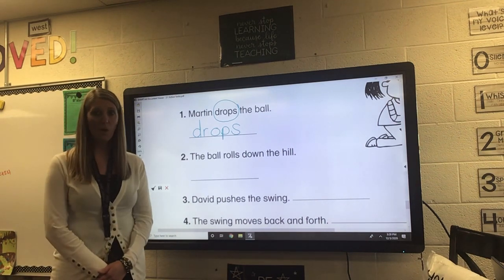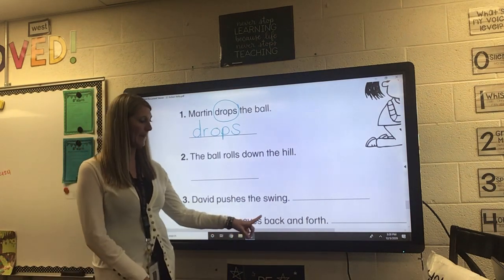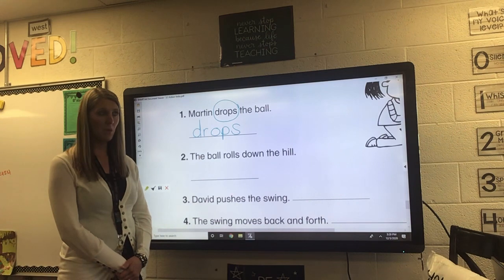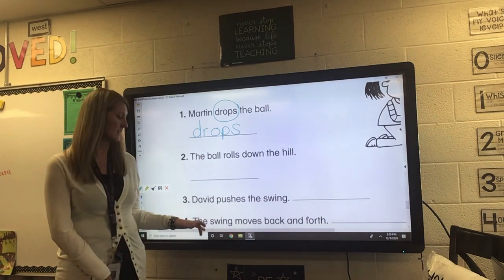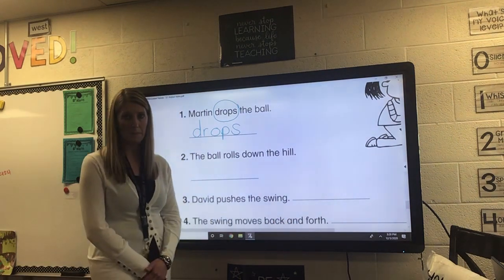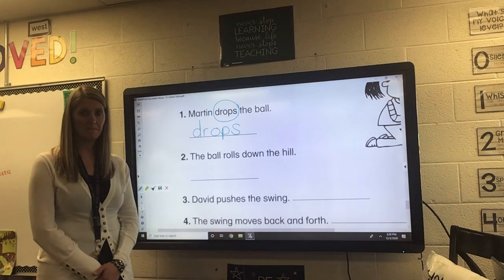Okay, on number 4, it says the swing moves back and forth. Think, what is the verb in the sentence? The swing moves back and forth. Circle the verb and then write it on the line.